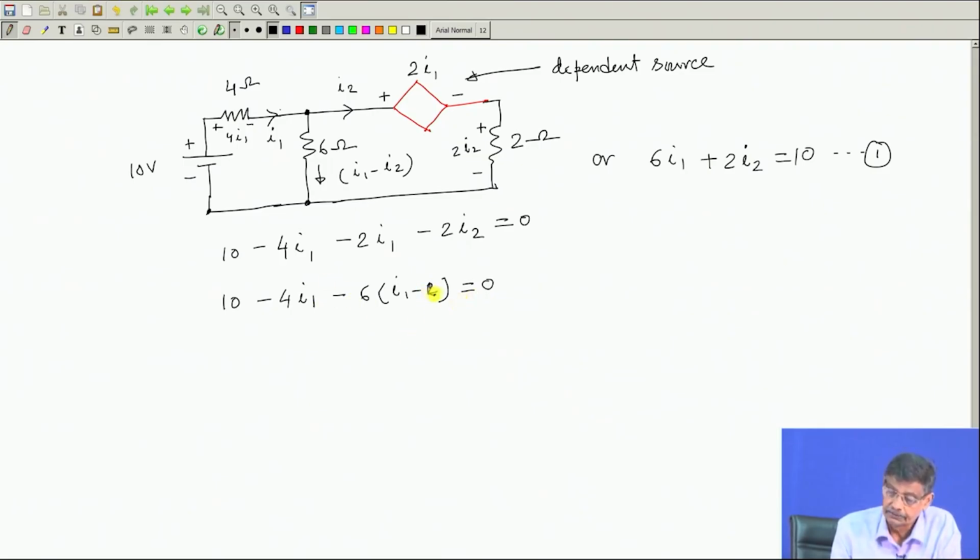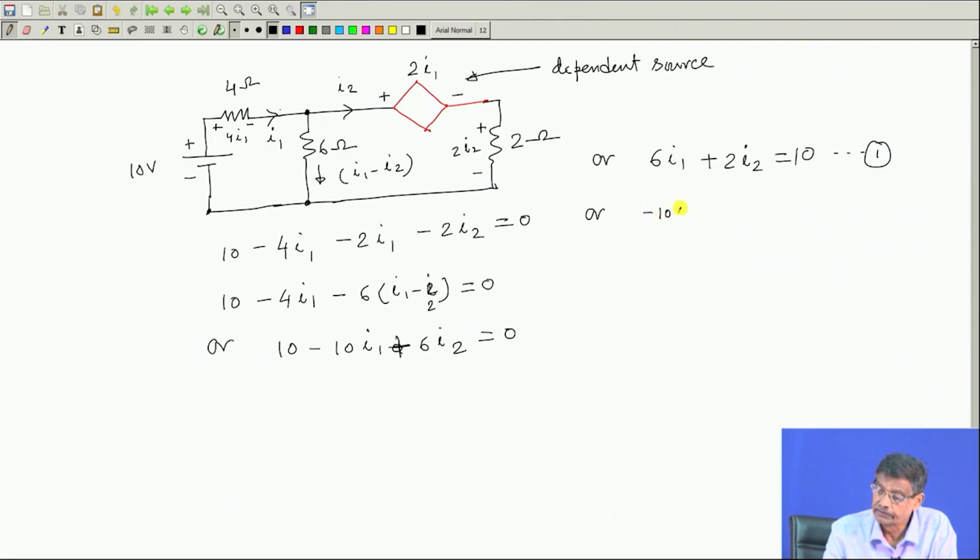I 1 minus I 2, clear. So, this will be 0, which is equal to 10 minus 10 I 1 plus 6 I 2 is equal to 0, or you get minus 10 I 1 plus 6 I 2 is also 10.